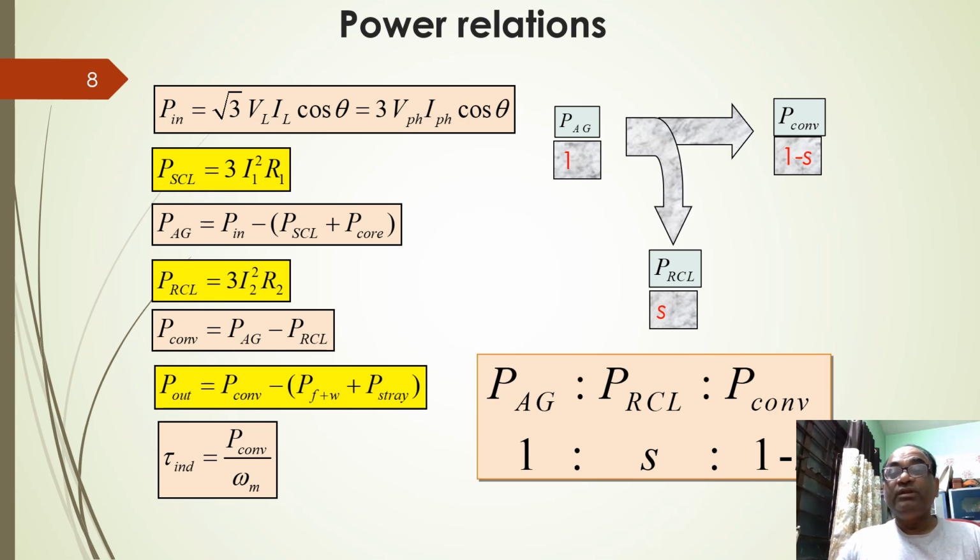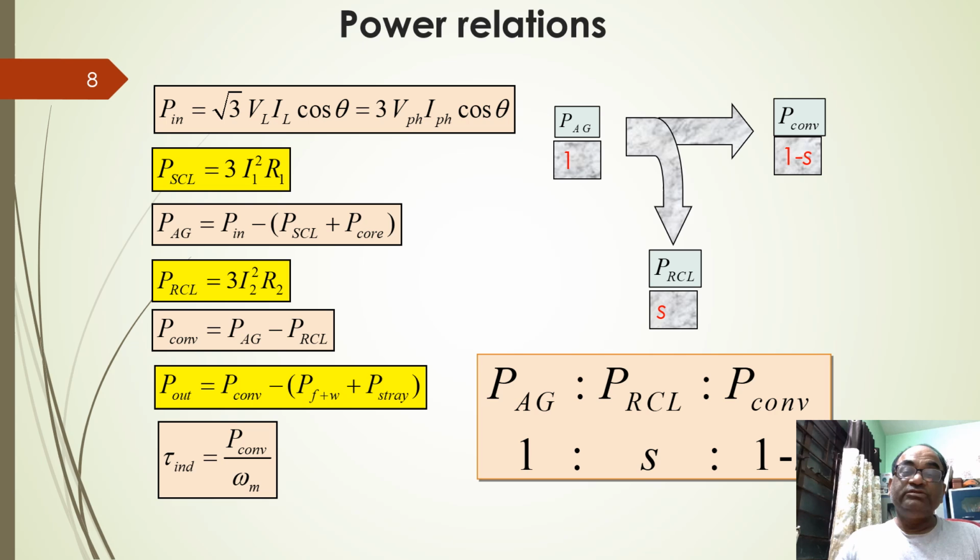And if you want to calculate the rotor copper loss, in terms of decimal, it is the fraction of the input power that is consumed as copper loss.